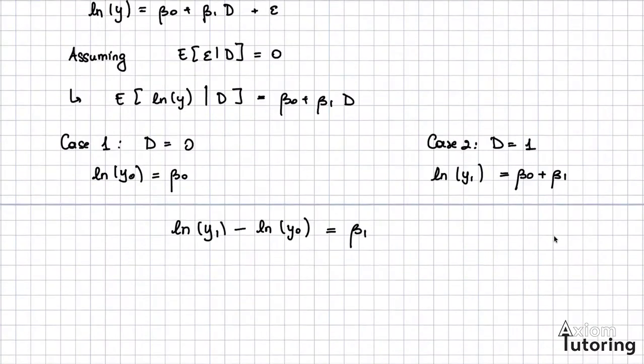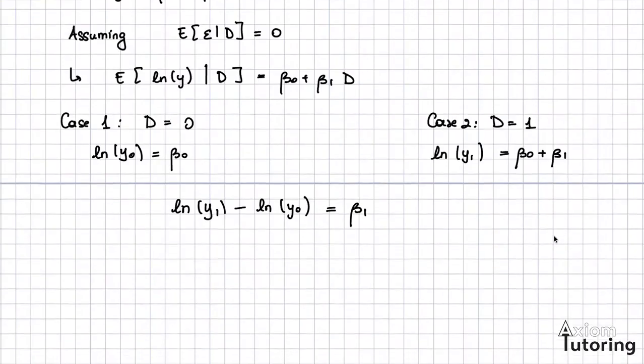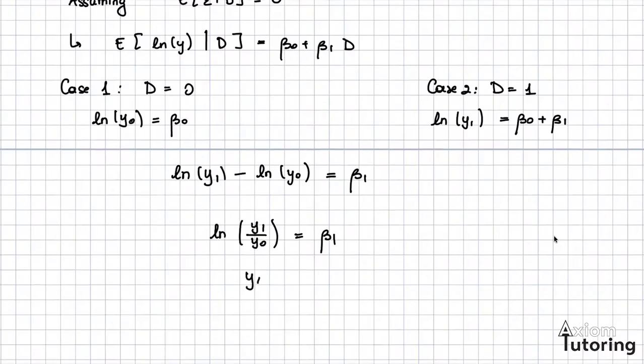From here on, just like we did when proving the log level model, we're going to use the log properties, which means that from here we can rewrite this as ln of the ratio of y1 over y0 is beta 1. From here, by exponentiating, we're going to have that y1 over y0 is e to the power beta 1.